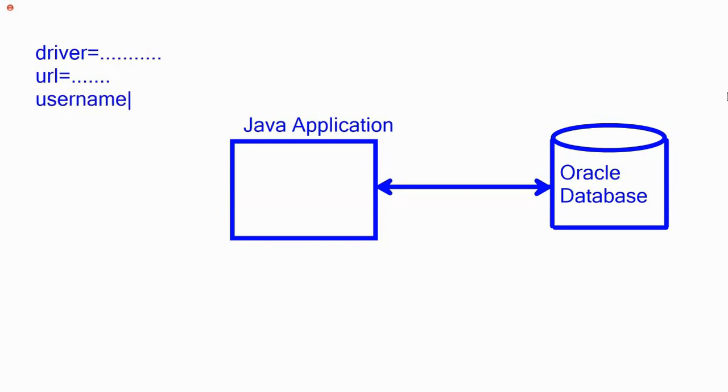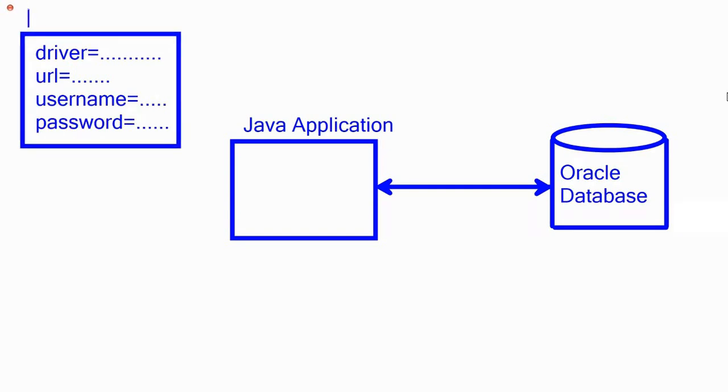Username equal to Oracle username. Password equal to password. This is one file, named database.properties. Okay, I'll write one file. Now, instead of writing driver, URL, username, and password in the Java program, I'll write them in a separate file.